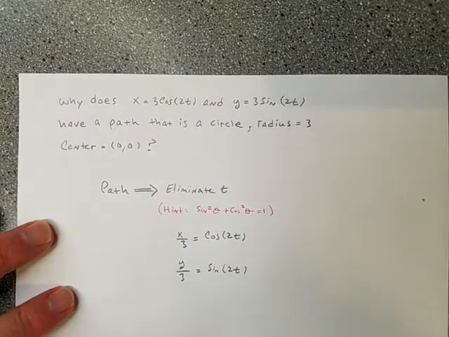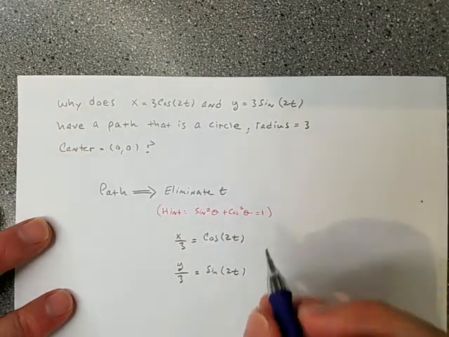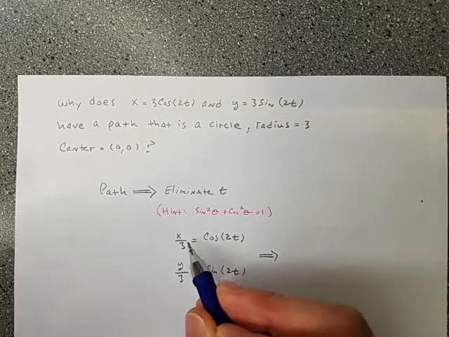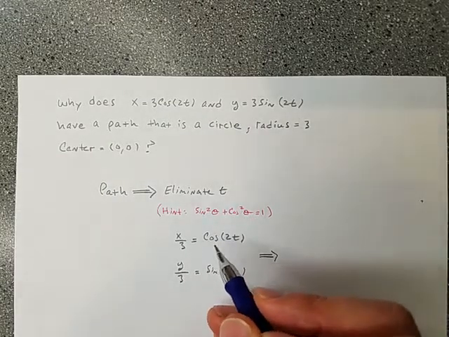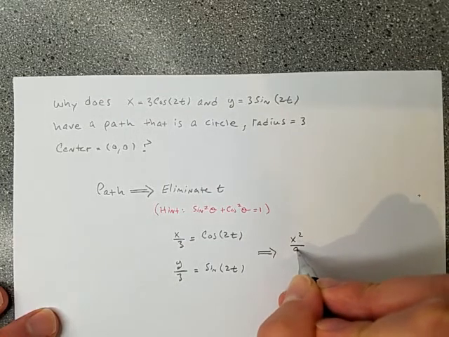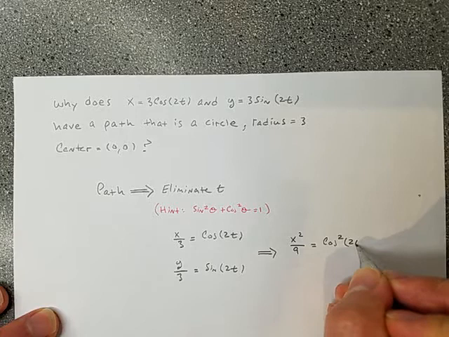Okay, and then how could I use this identity? Well, what if I squared both sides of this? I can do that if I take this equation. If I square the left, I can also square the right. If I square the left, I'll get x squared over 9 is equal to cosine squared 2t.